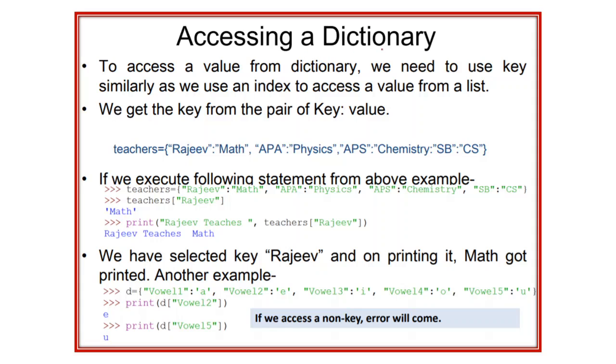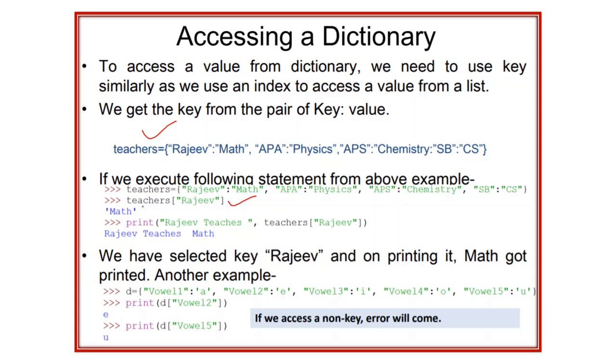Next is accessing a dictionary. How can we access the dictionary? I have already told you that every piece of information from the dictionary can be accessed through its key. So let's say we have a teachers dictionary, and we print teachers of Rajiv, then it will print math.